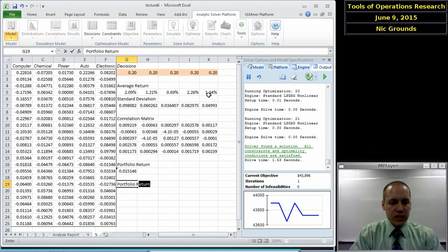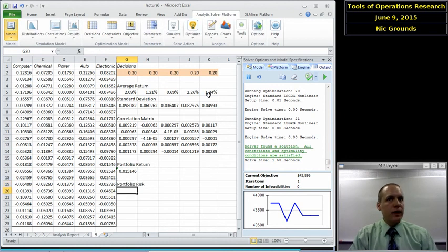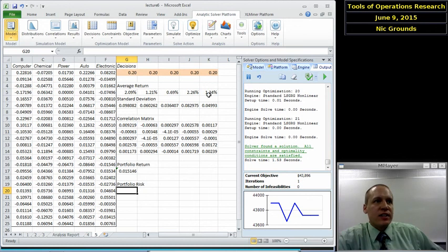Portfolio risk. Remember, portfolio risk is going to involve the sum of every individual pair of investments, their correlation or covariance, multiplied by the percent of the portfolio invested in them.